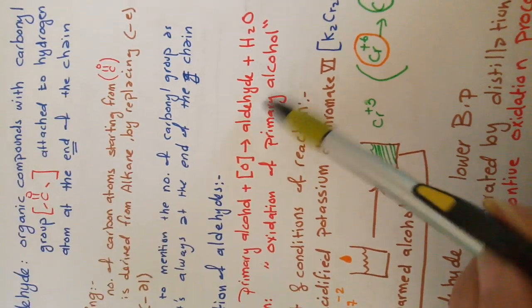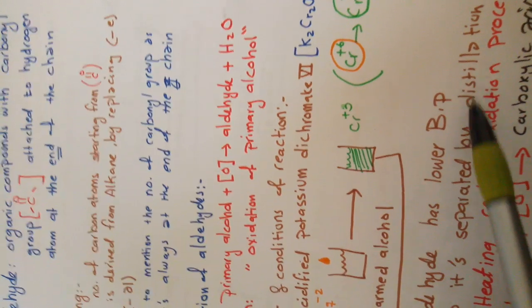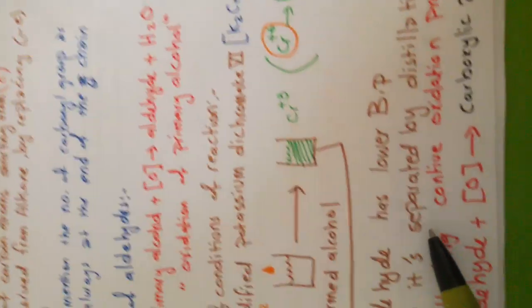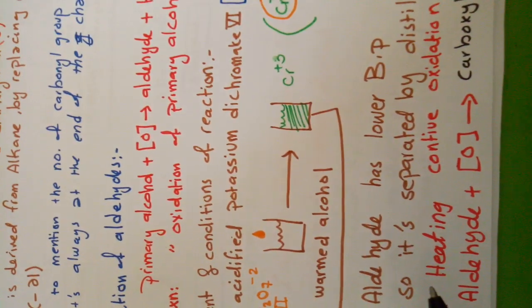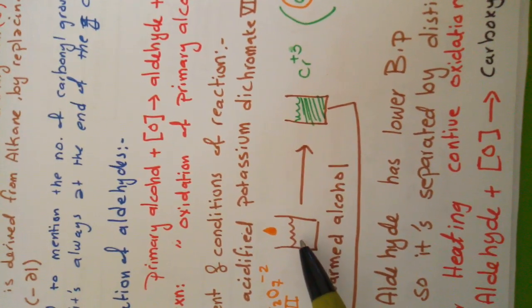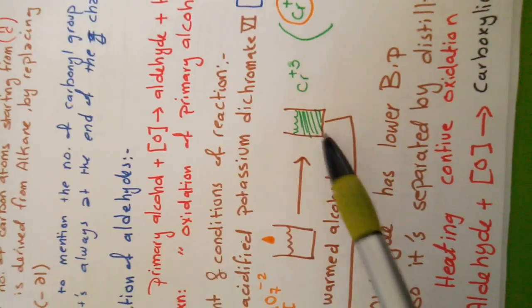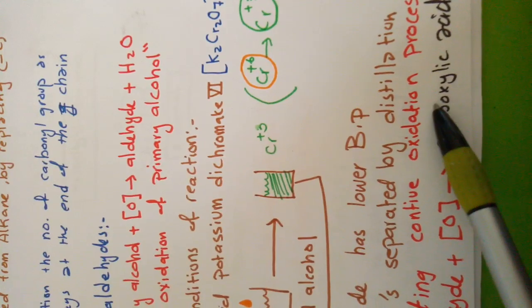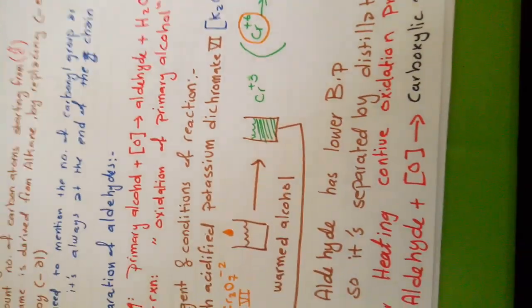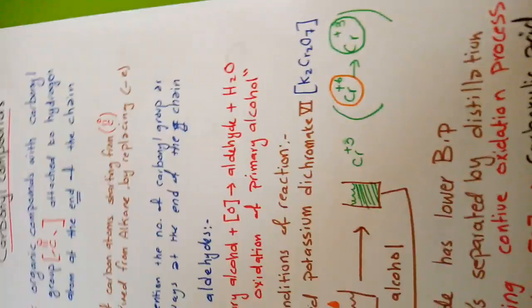So the difference in boiling point gives me a chance to do distillation in order to separate my aldehyde. Okay, let's assume we do further heating of my mixture. I will get further oxidation. Further oxidation will produce carboxylic acid from that aldehyde.